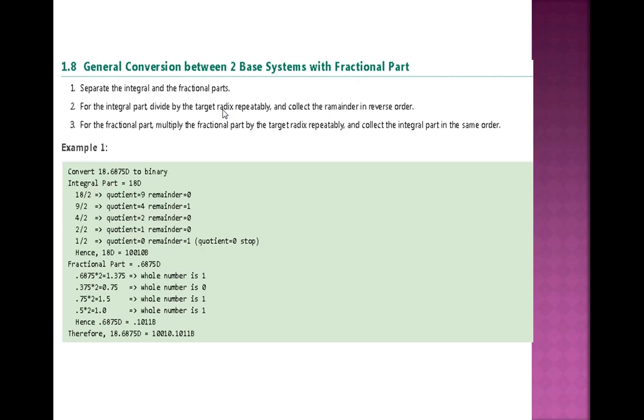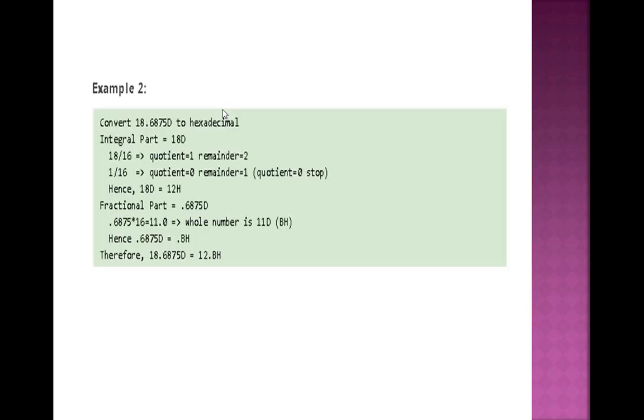Then how to convert any base system with a fractional part. Till now we covered the integer part and we have also discussed the fractional part, that is, how we convert from one base to another along with the fractional part.